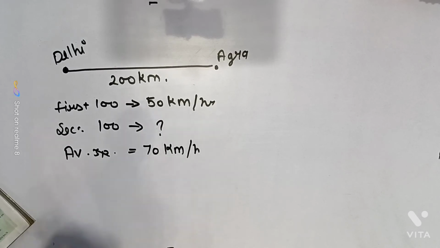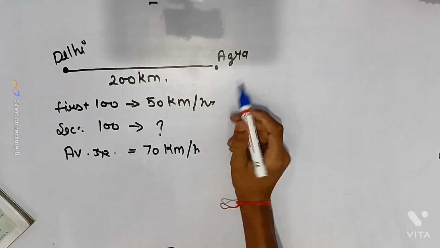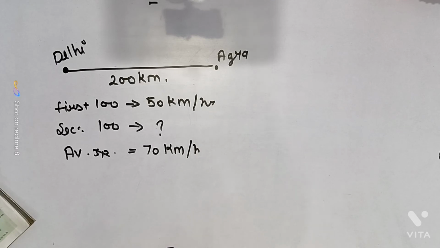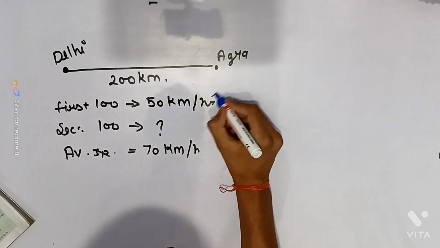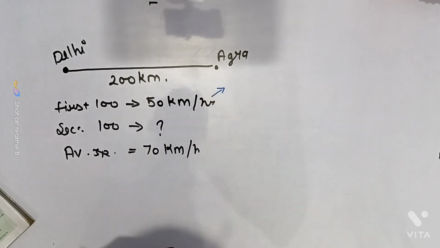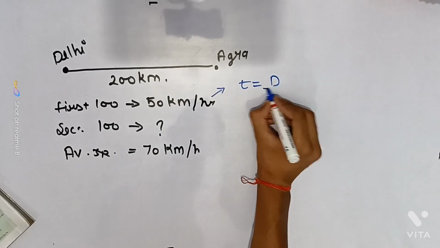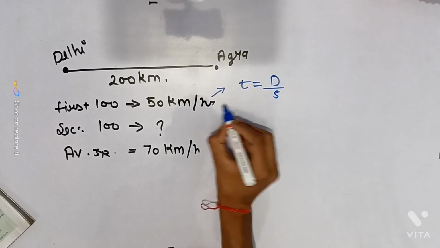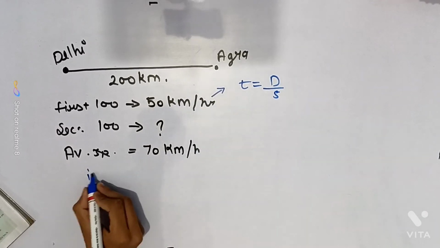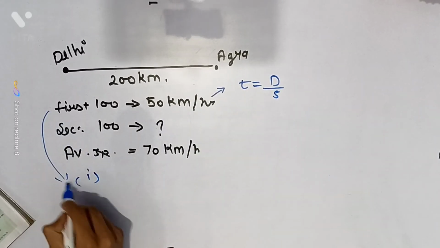So what will we do? See friends, first of all we will take out the time of this journey. Distance is given and speed is also given. So the time formula is distance upon speed. So we will take out the first journey, 100 km.